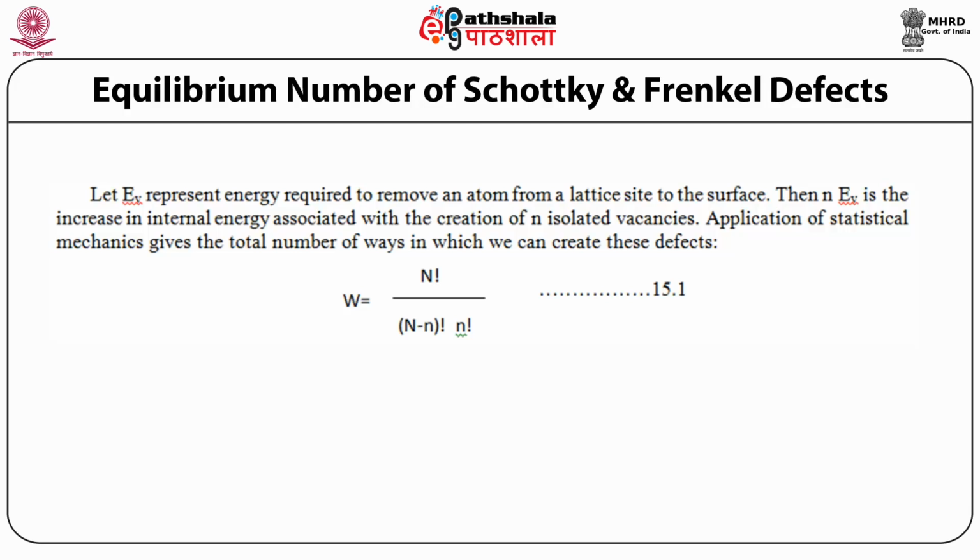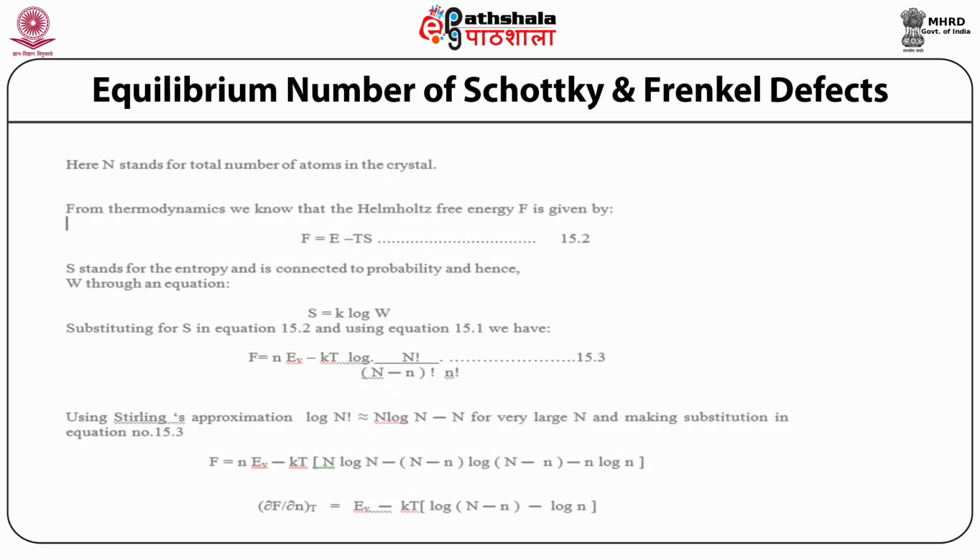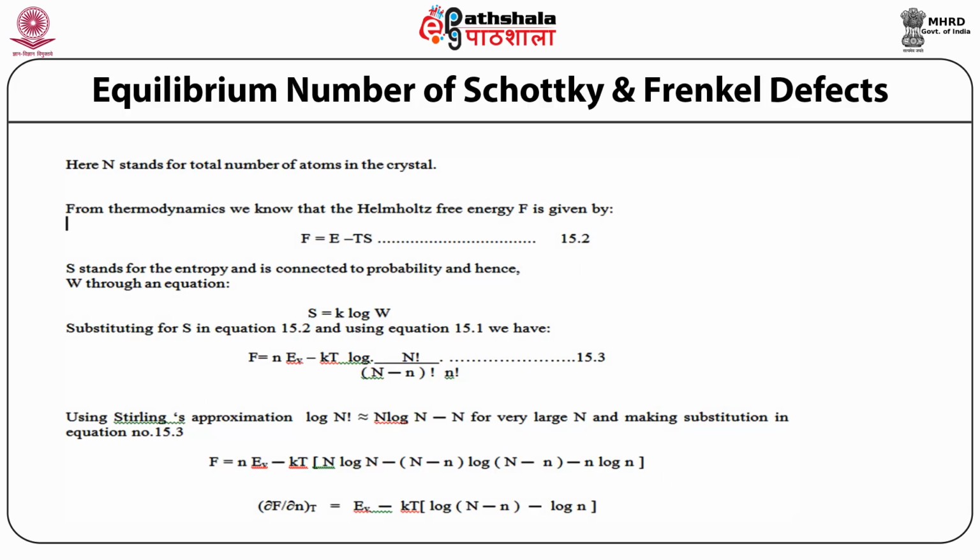Application of statistical mechanics gives the total number of ways in which we can create these defects as W equal to N factorial upon N minus n factorial into n factorial, expressed as equation 15.1, where capital N stands for total number of atoms in the crystal.